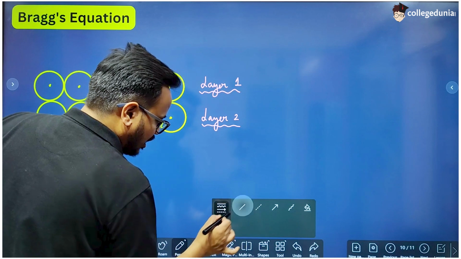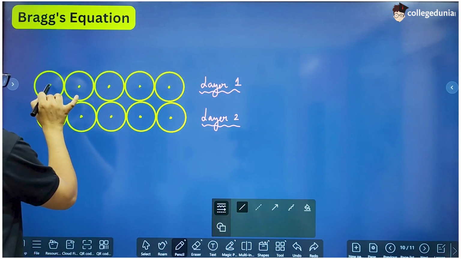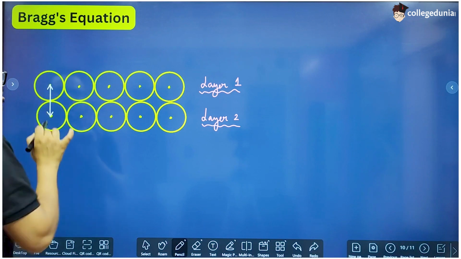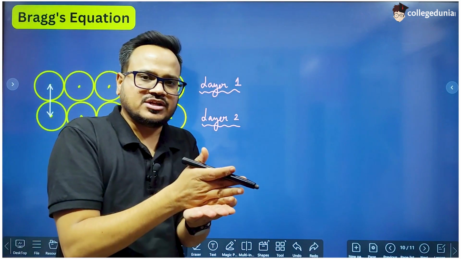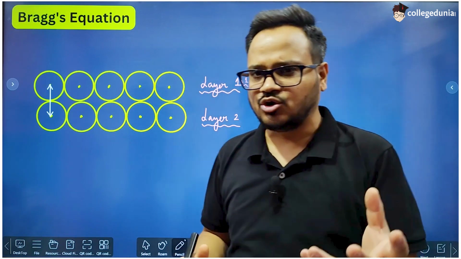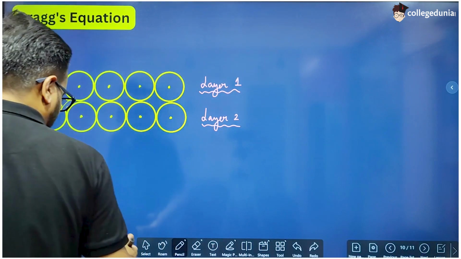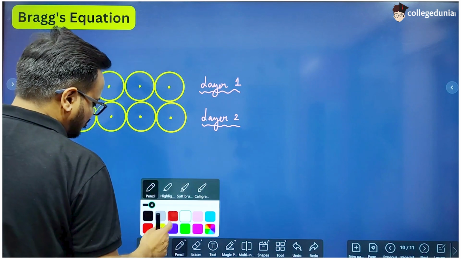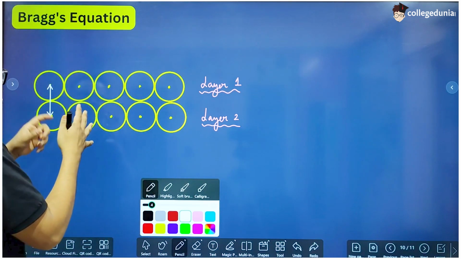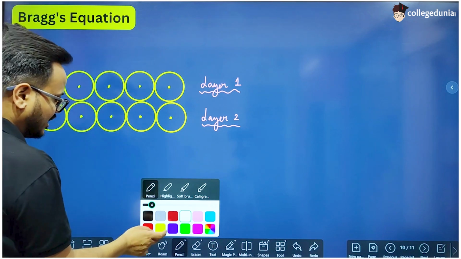So if I take this distance, this is obviously the distance between the two layers, because the distance is measured from the center. And since all the atoms of this material are identical with respect to each other, I have taken all these circles, which are actually spheres, identical to each other.